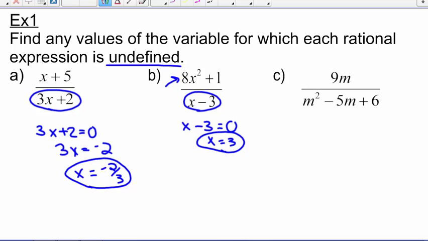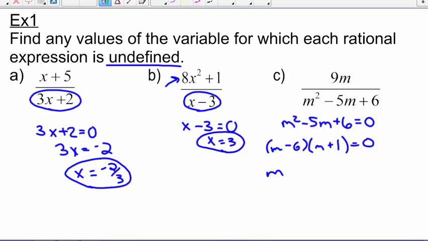And then in C, I have m squared minus 5m plus 6. What makes that 0? How do I solve it? I factor it, just like we've been doing before in Chapter 6. So I get m minus 6 and m plus 1. What makes the first part 0? m minus 6 equals 0, so m equals 6.